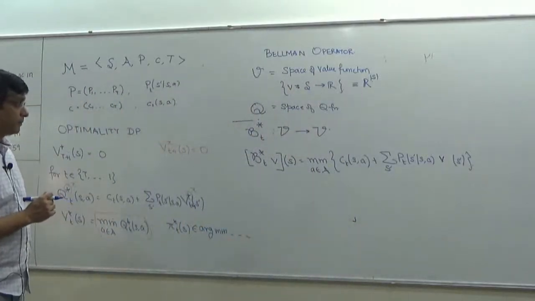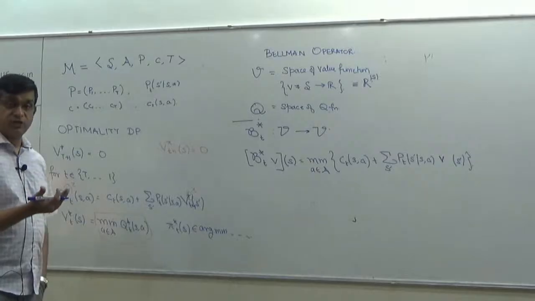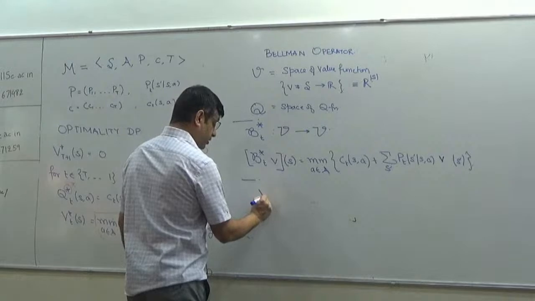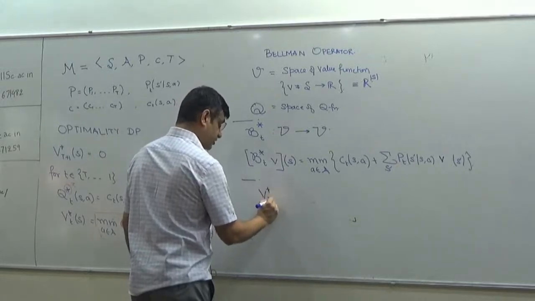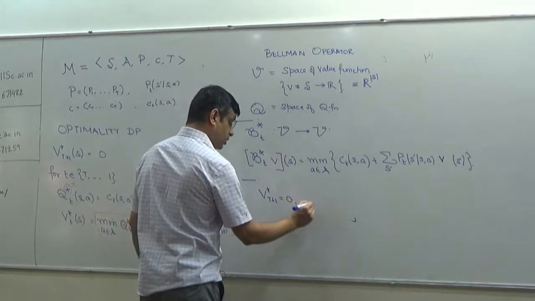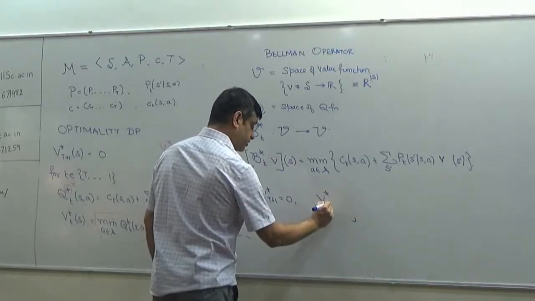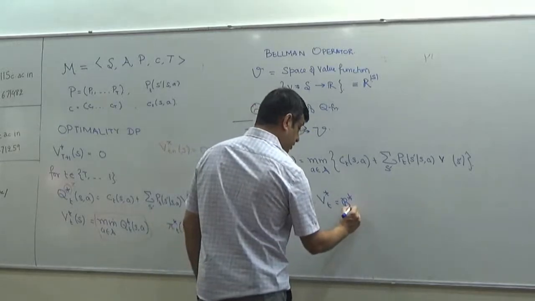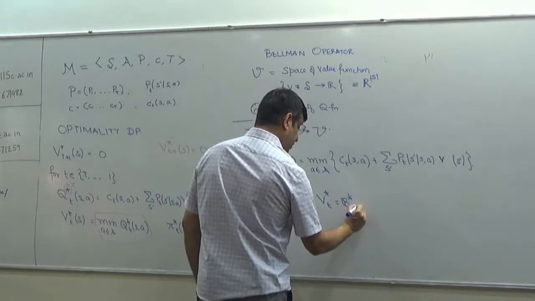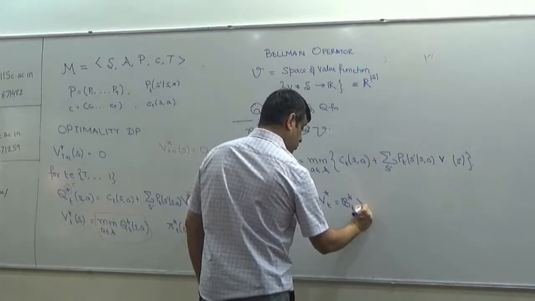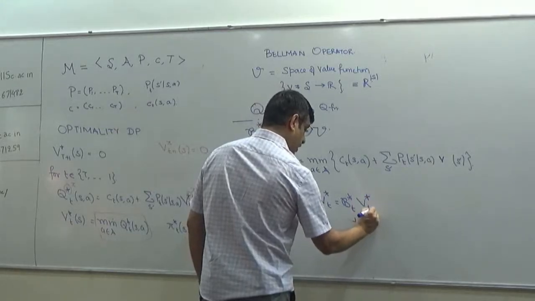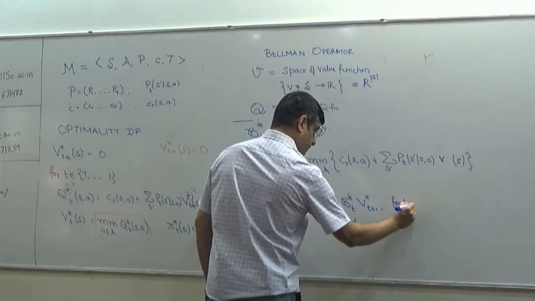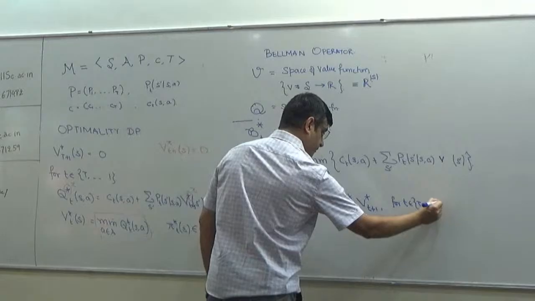Okay. So, with this notation, basically I can write my DP compactly as V star t plus 1 is 0, and then V star t is the Bellman optimality operator at t applied to the optimal value function at t plus 1. Okay.